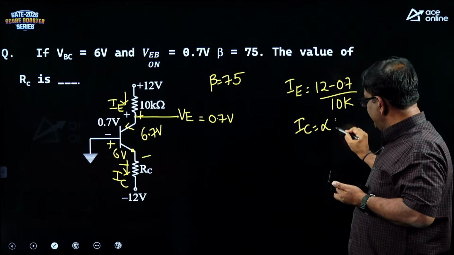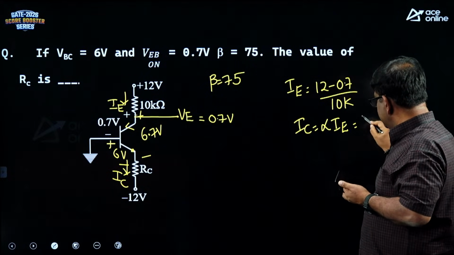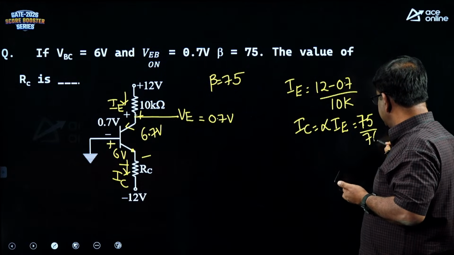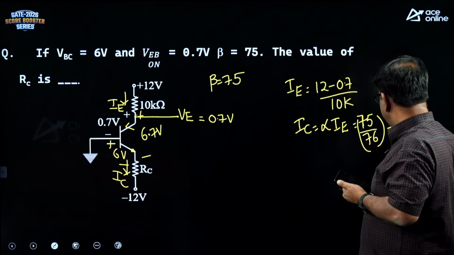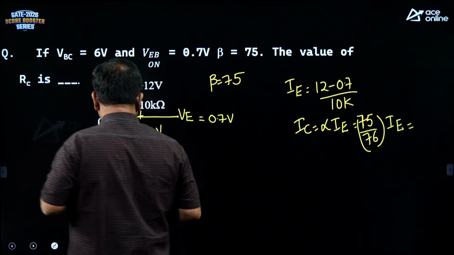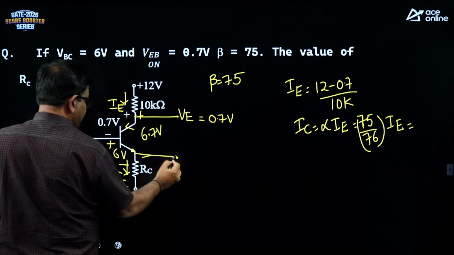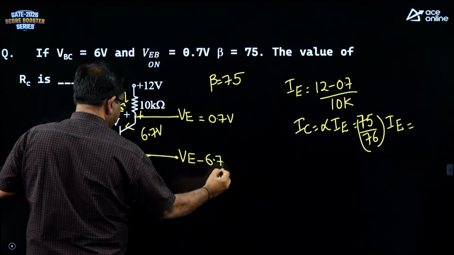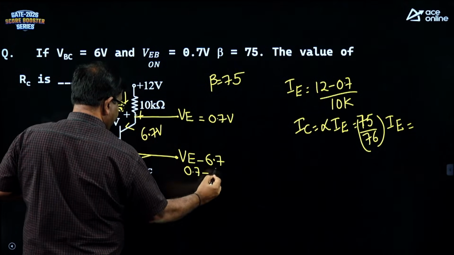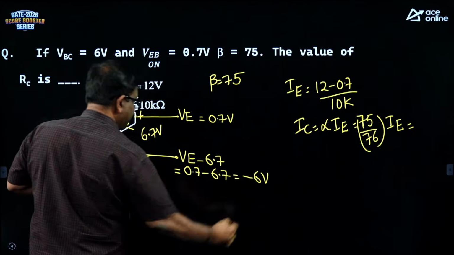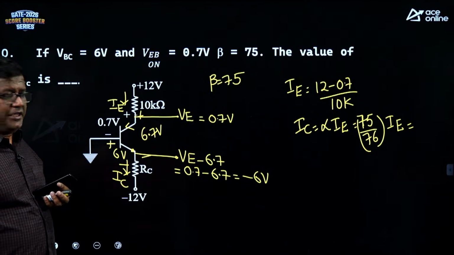IC is alpha times IE, which is beta, 75 by 76, into IE. So, you will substitute the value of IE here. And what is this voltage? This voltage is going to be VE minus 6.7, 0.7 minus 6.7, it is minus 6 volts.